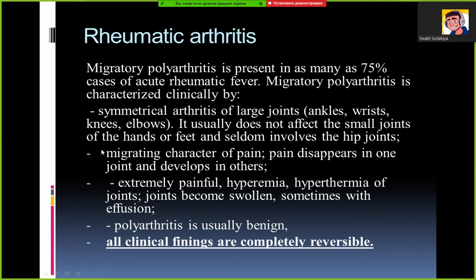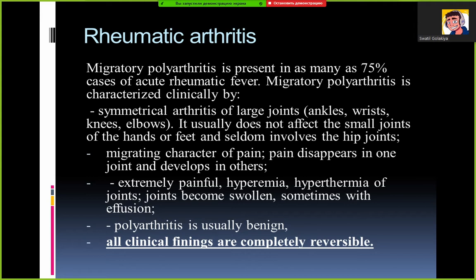The next very important characteristic is the migrating character of pain. Pain disappears in one joint and develops in another joint. Extremely painful, hyperemic joints with increased skin temperature may be observed. Joints become swollen, sometimes with effusion, but polyarthritis is usually benign, so all clinical changes are completely reversible.